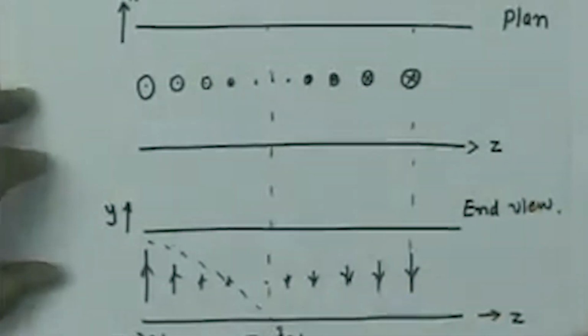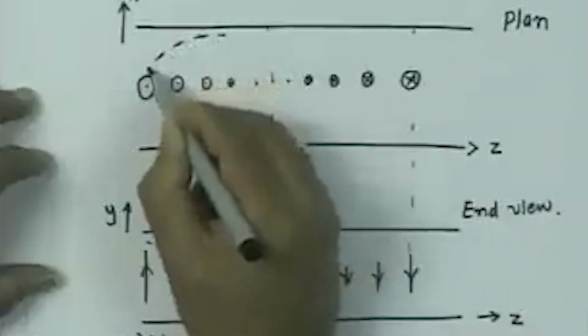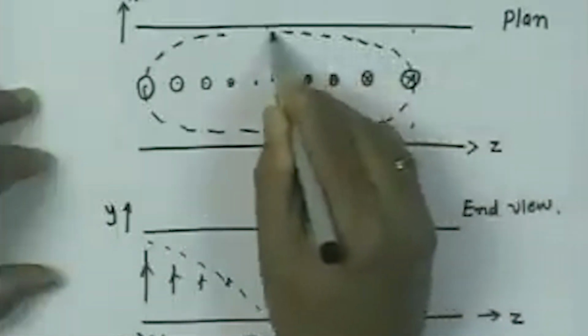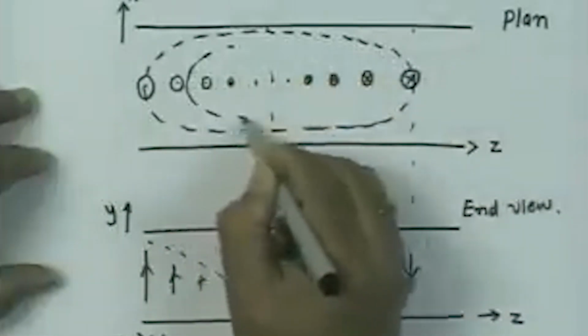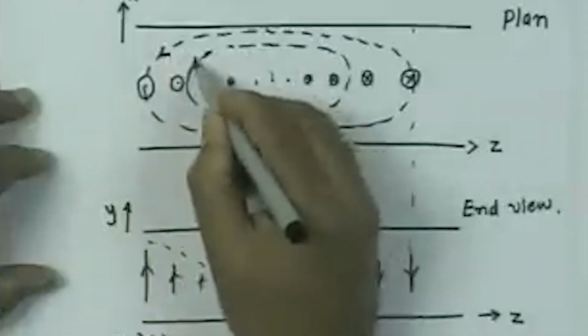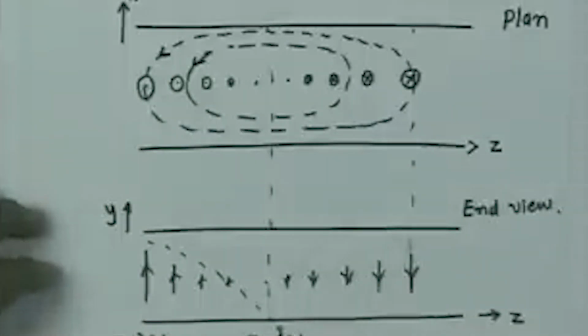So, if I see these magnetic field lines in the elevation or the end view and the plan, the magnetic field lines would look like that, with appropriate direction, so that you get E cross H in the direction Z.